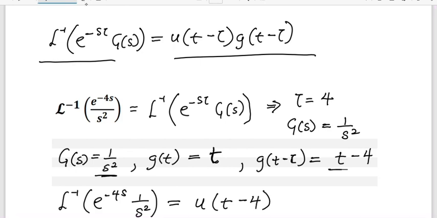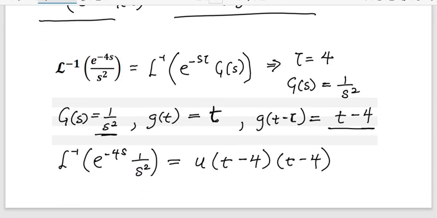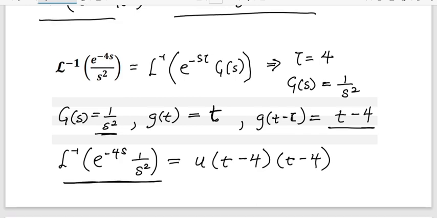We already found our g(t minus tau), t minus 4. And with that, we found the Laplace inverse of this. We're going to do more examples for more clarity.